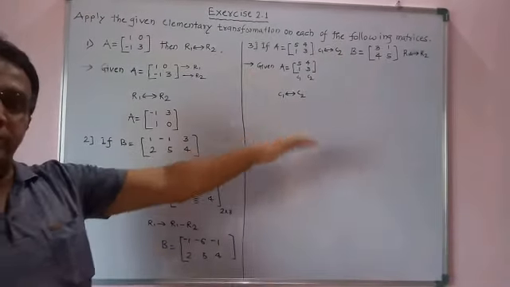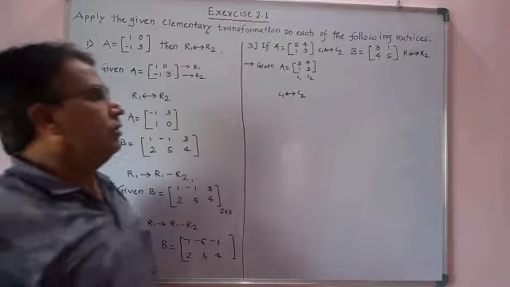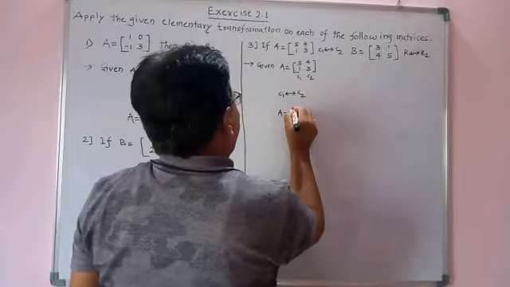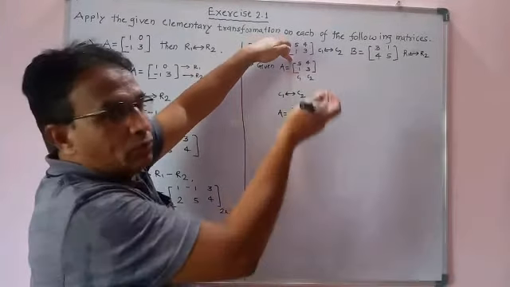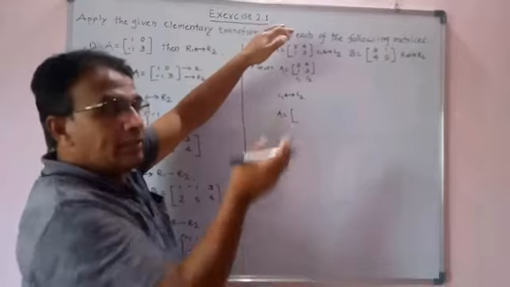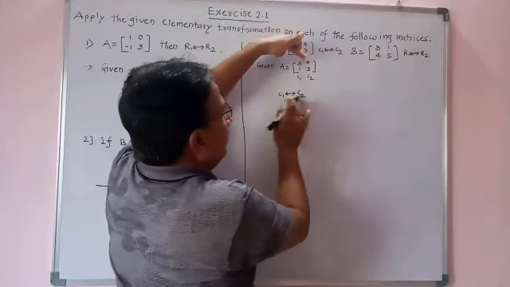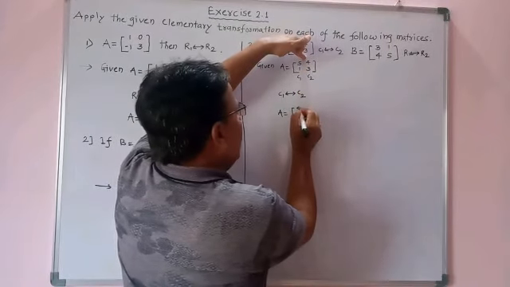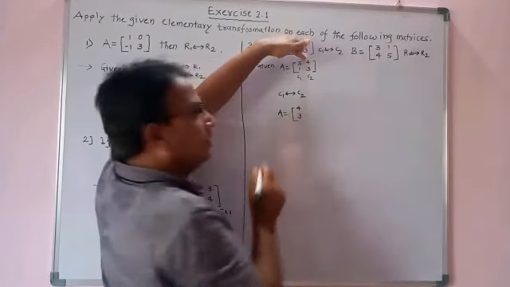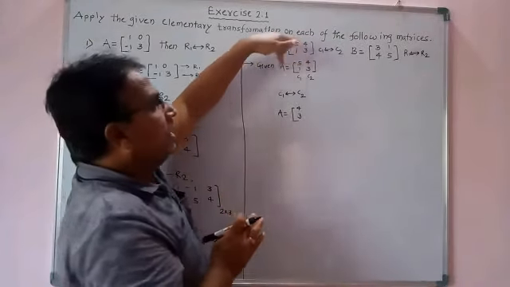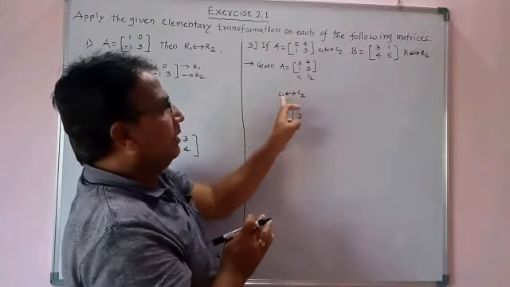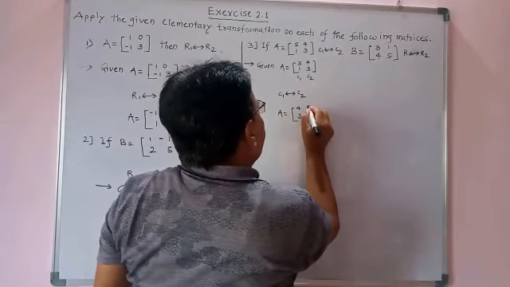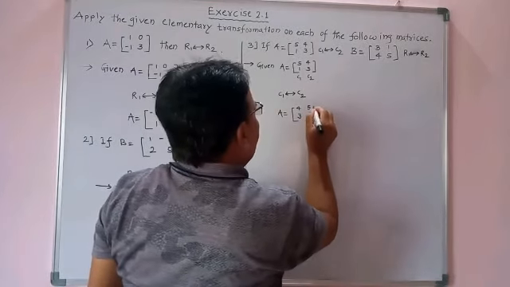C1 is interchanged with C2 and C2 with C1. Firstly we write C2 interchange C1: 4, 3 goes in the C1 position, and C1 goes to the C2 position: 5, 1.